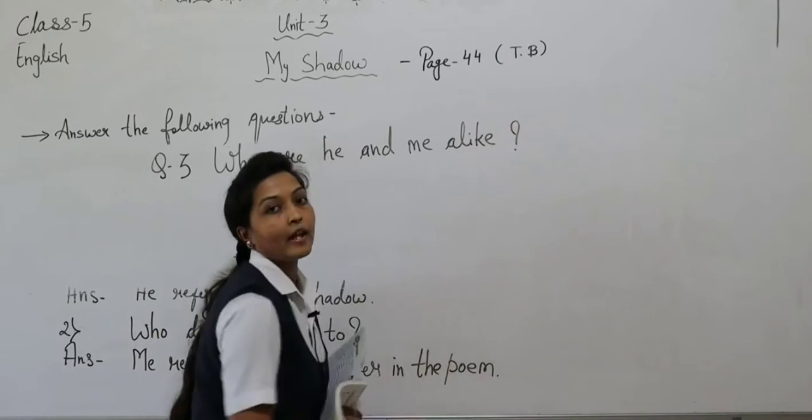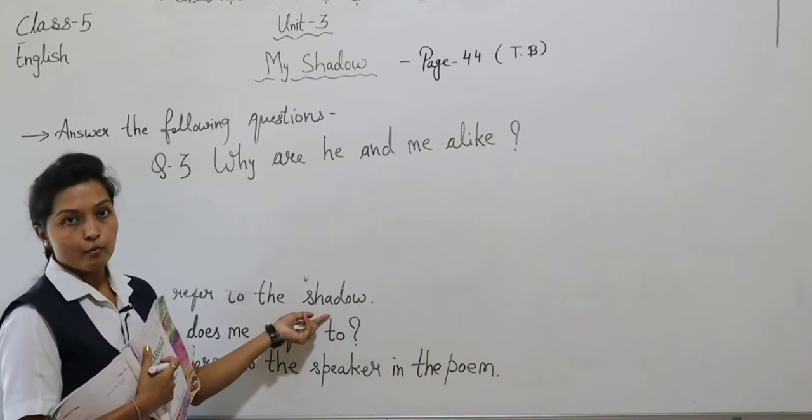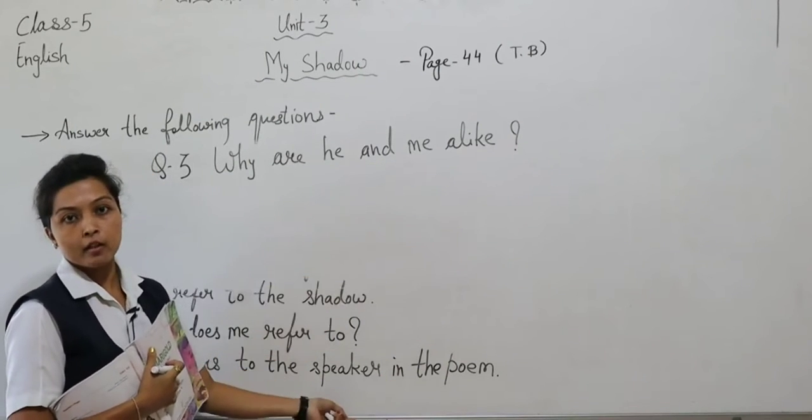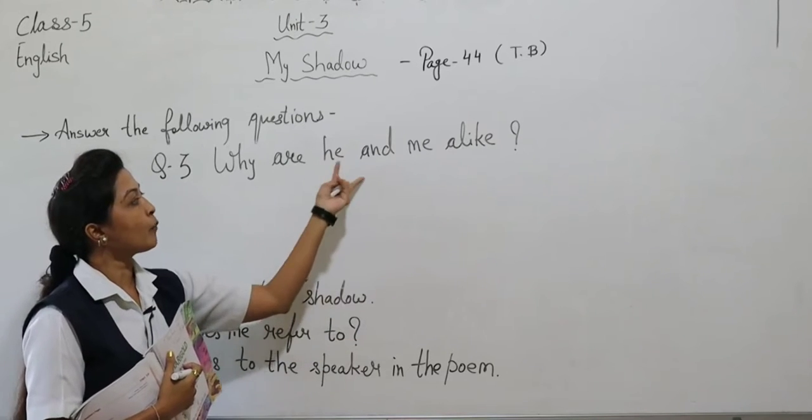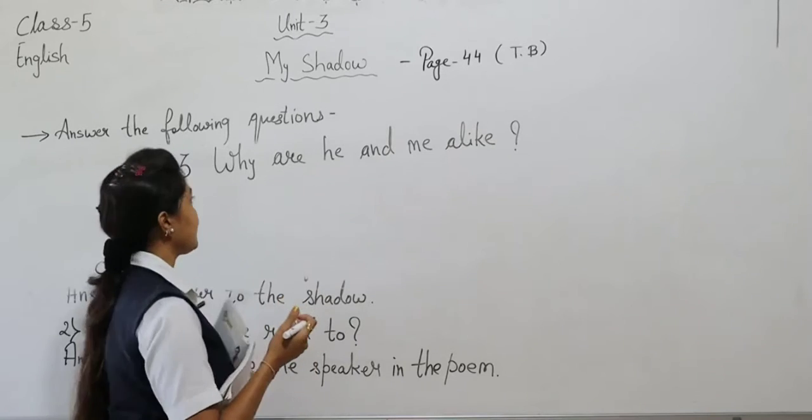So the question is why he, that refers to the shadow as we come to know, and me, that is the speaker of the poem, why they both look alike, that is the same.